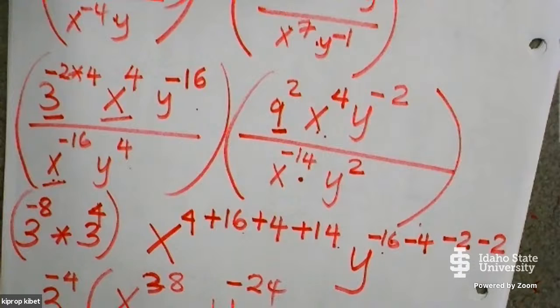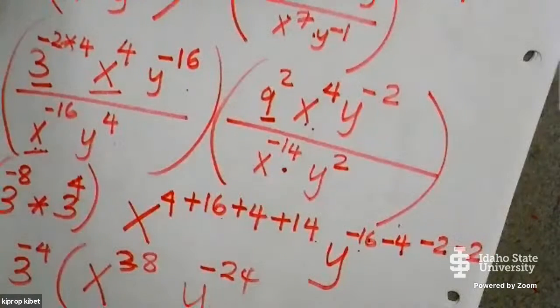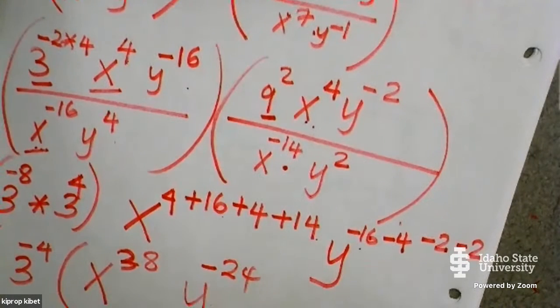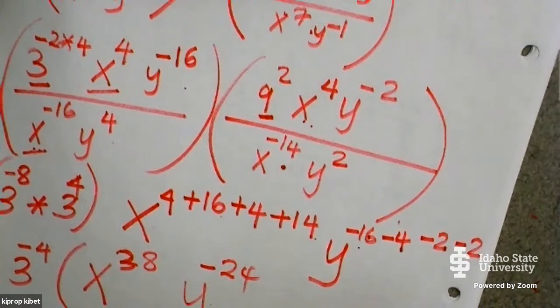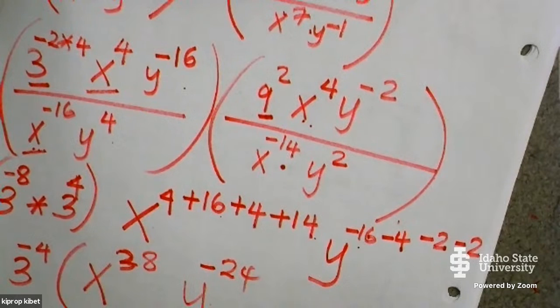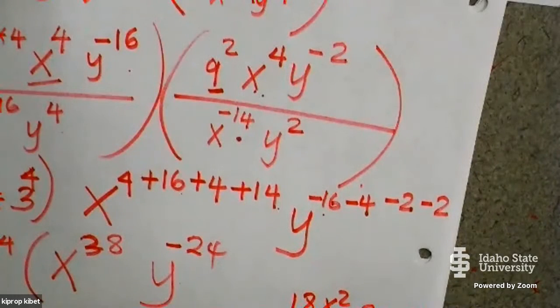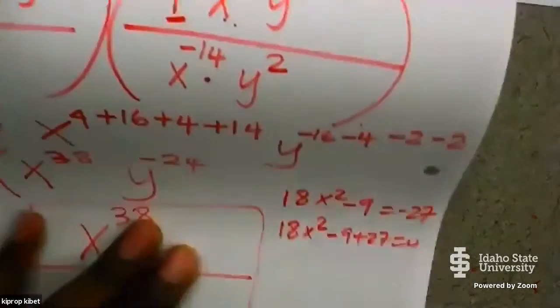So you can say 18x squared minus 9 equals minus 27. So you bring minus 27 to this side. So 18x squared minus 9 plus 27 equals 0.